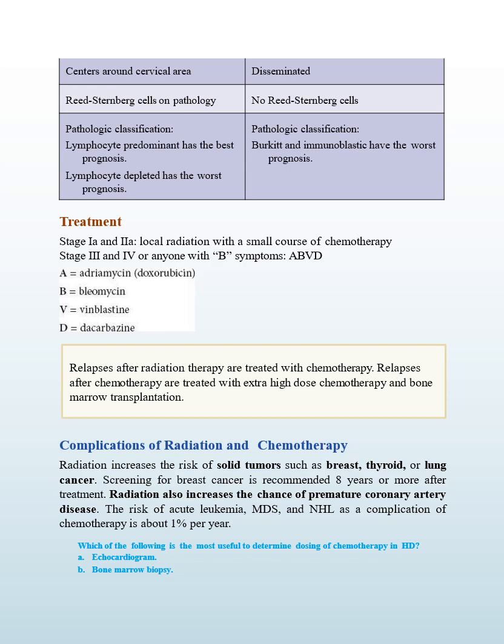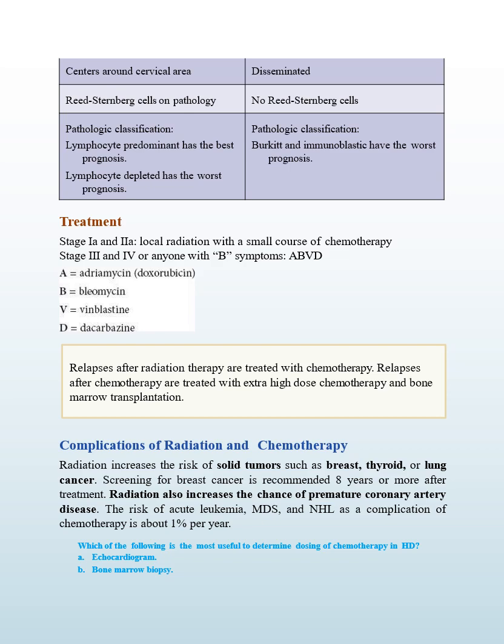For stage 3 and 4, or any B symptoms, we need to give the patient ABVD, where A stands for adriamycin or doxorubicin, B for bleomycin, V for vinblastine, and D for dacarbazine. So ABVD treatment.